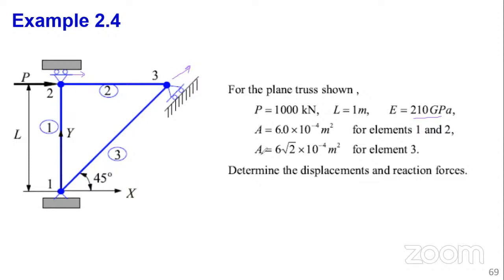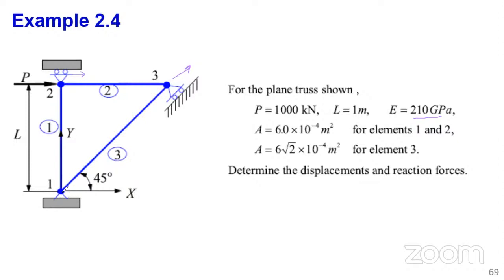Now the A for element 3 is also given. It's different from the others. So you are required to determine the displacements and reactions. Looking at the supports, if you look at support 1, it's pinned. And this being a pin joint, of course, we do not allow rotation to occur, because no moments are going to develop.